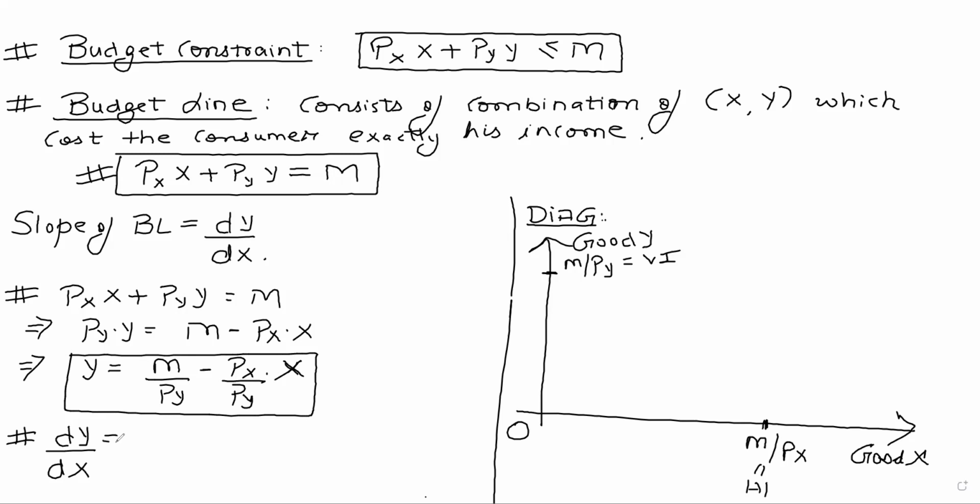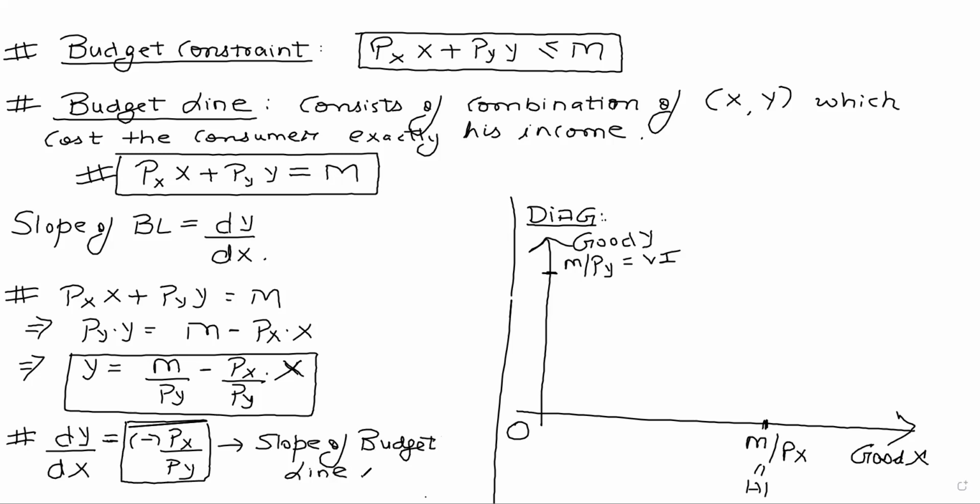Now if I differentiate it, my income is constant. My price of good x and price of good y both are constant. So when I differentiate, what do I get? I get minus Px by Py. So this is nothing but my slope of the budget line. So slope of the budget line is minus Px by Py, where Px and Py are fixed.